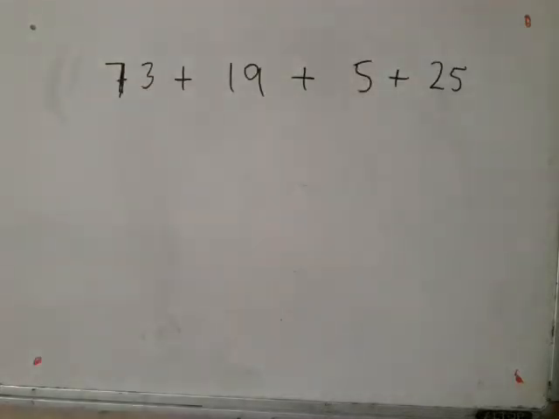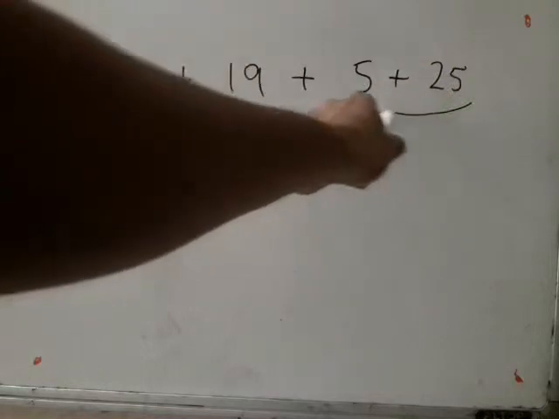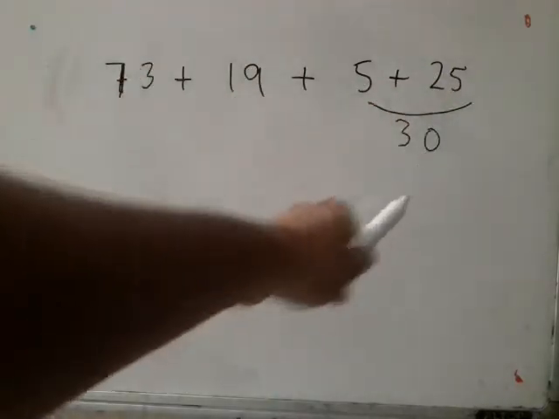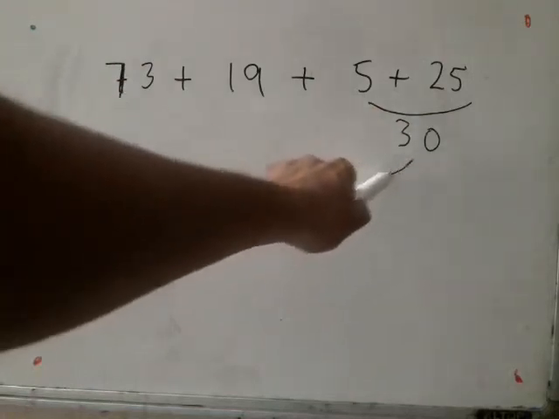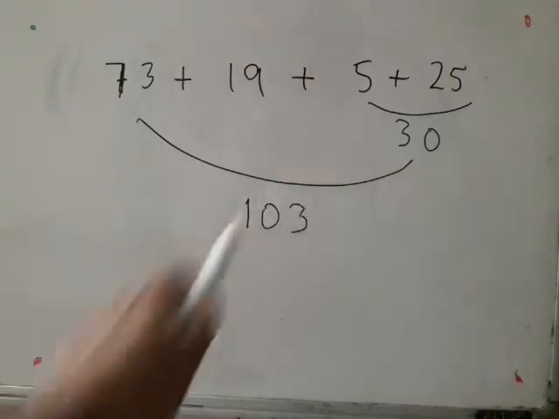But if you are given this sum, most of us will not proceed in that way. Instead, we will quickly observe that certain parts are easier to add. You will quickly notice that 5 plus 25 is 30. And the moment we see that 30 here and something 70-ish here, we will quickly add these two things and get 103.